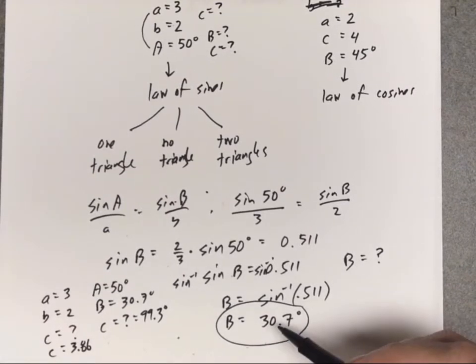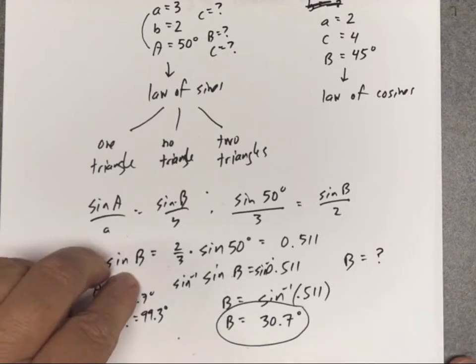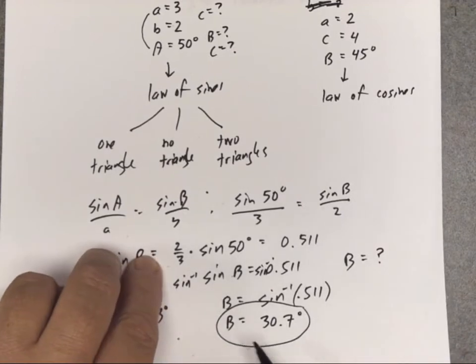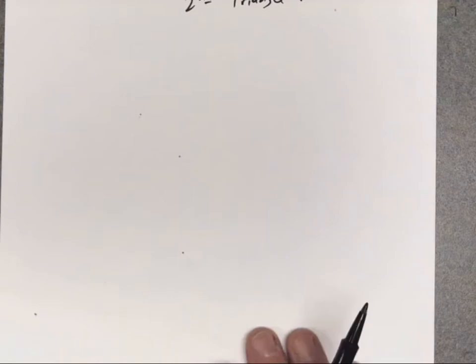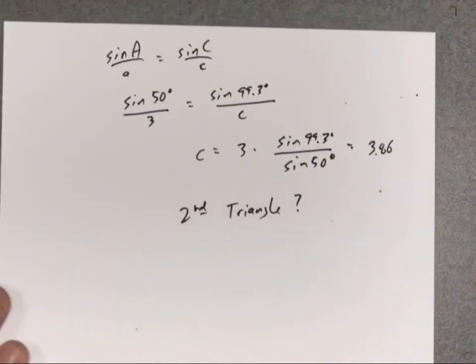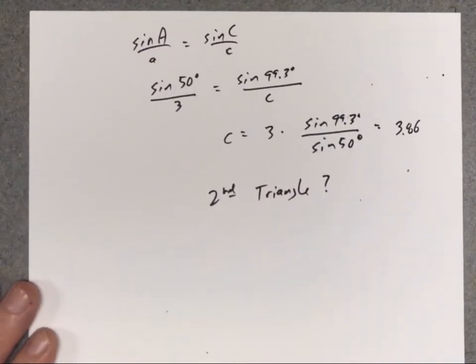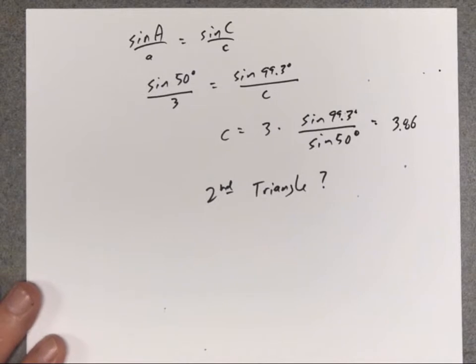What I have to do, I have to go back. In this case, the very first angle you calculate is the one you want to use. And what I'm going to do is, B is 30.7. Here is the way I check to see if there's possibly a second triangle.